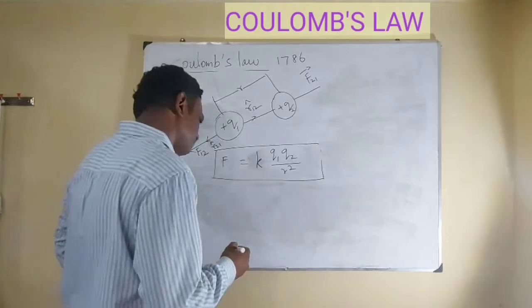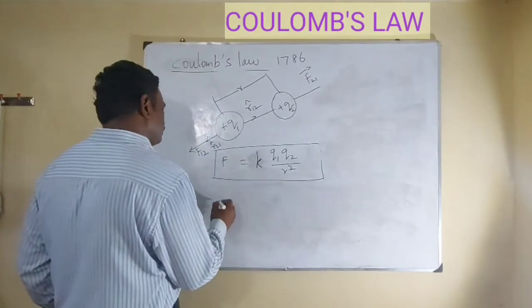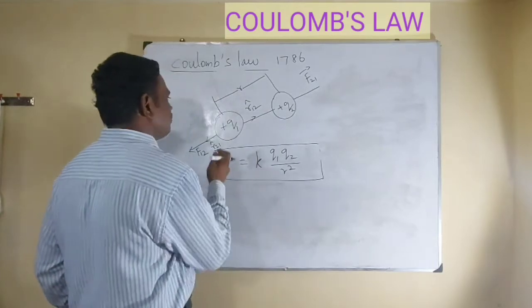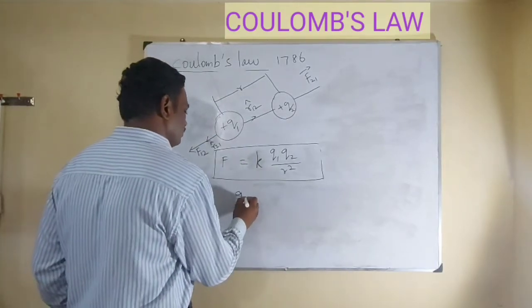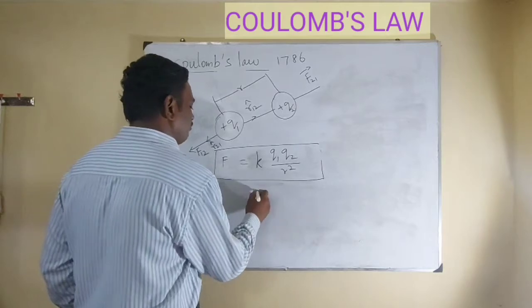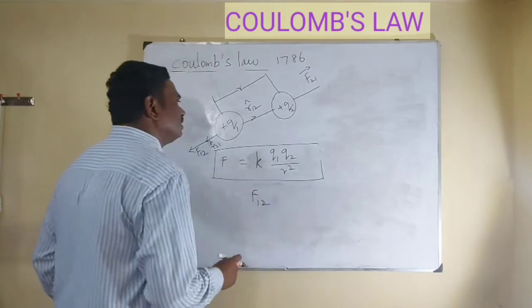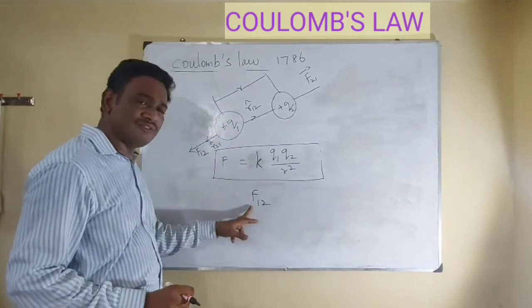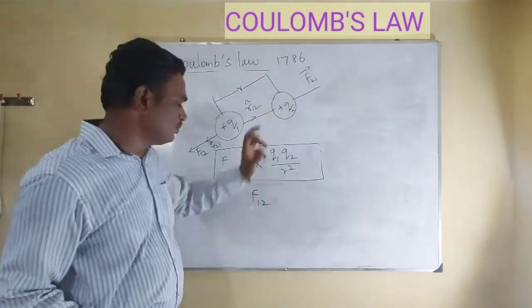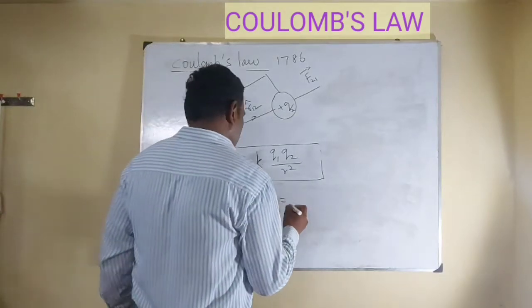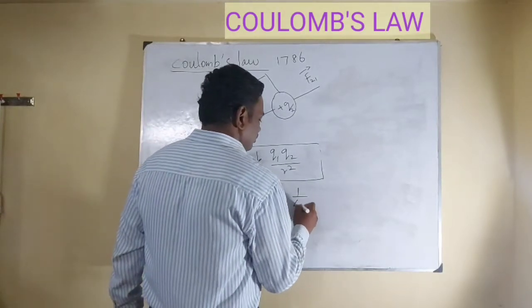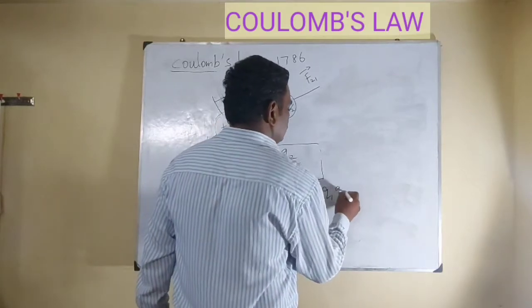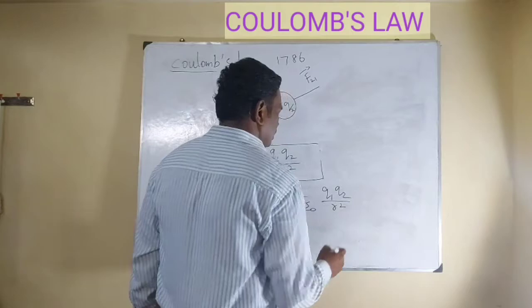Let us consider the force on the charge Q1, F12, due to the charge Q2. It can be written as 1 by 4 pi epsilon naught Q1 Q2 by R square.